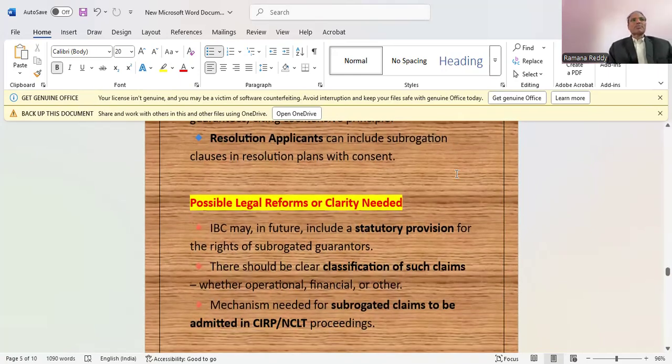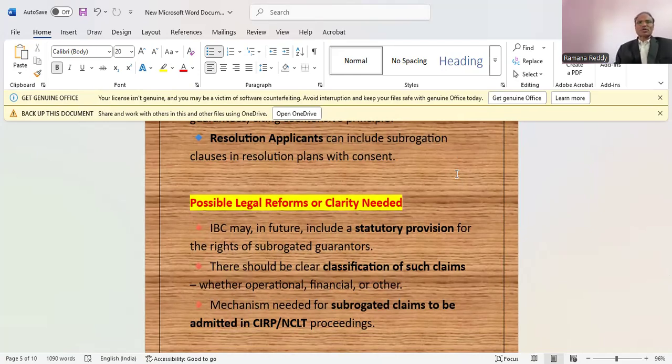The legal reforms or clarity needed: the IBC may in future include a statutory provision for the rights of subrogated guarantors, or there should be a clear classification of such claims, whether operational, financial, or other.